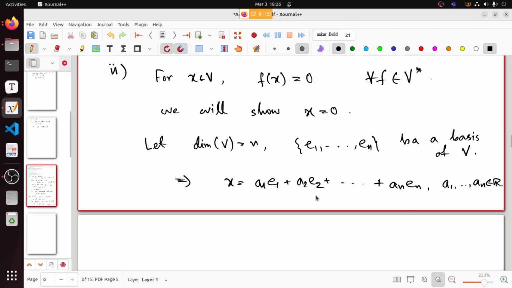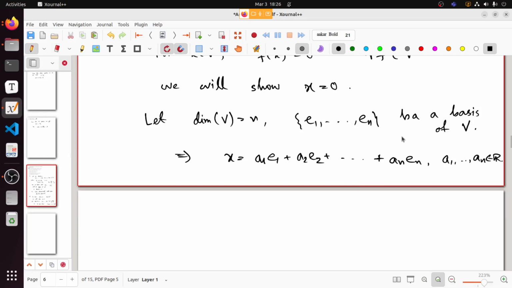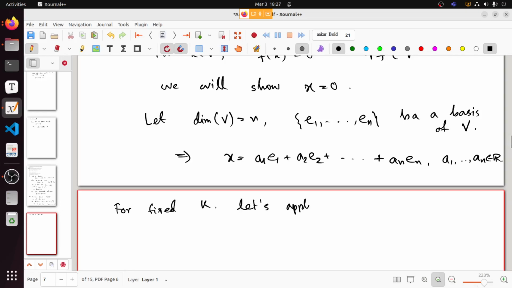Now let's apply the basis vectors. For a fixed k, let's apply fk on x.